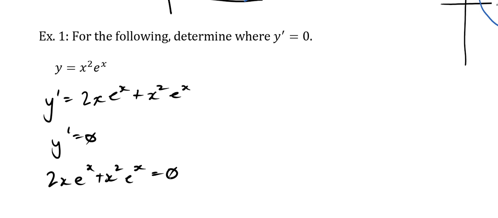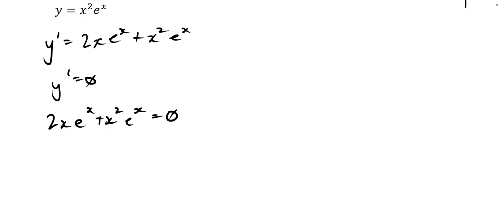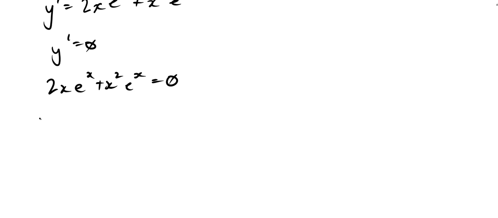What do you think we're going to do? Yeah, I can factor out an x, so that's a good thing to do, and an e to the x. So it looks like I'm left with 2 plus x equals 0.